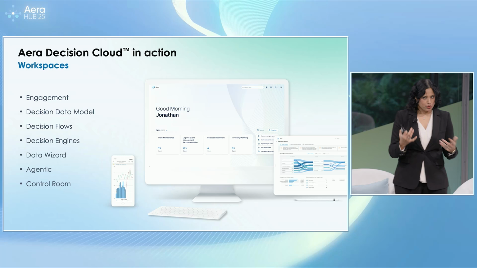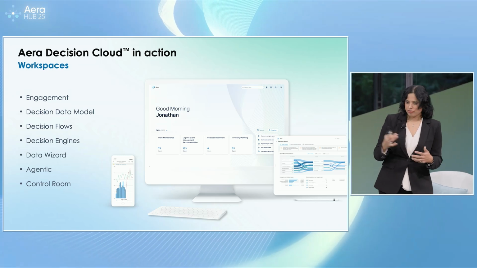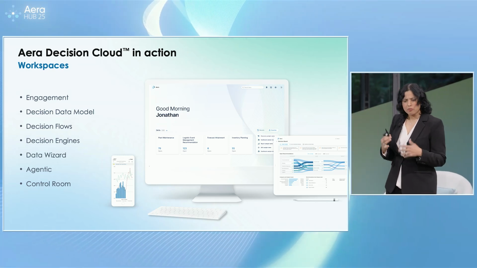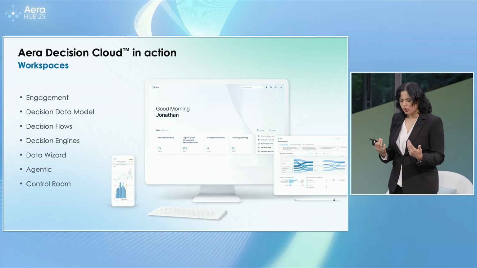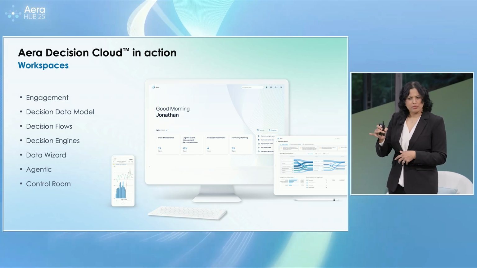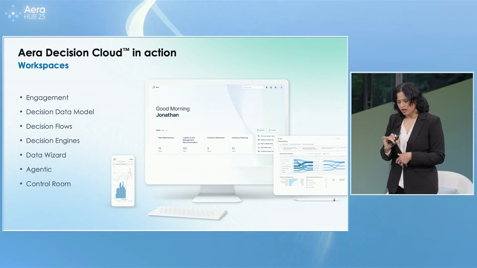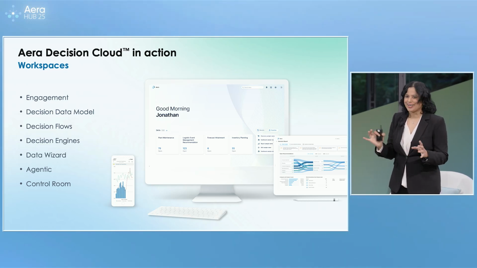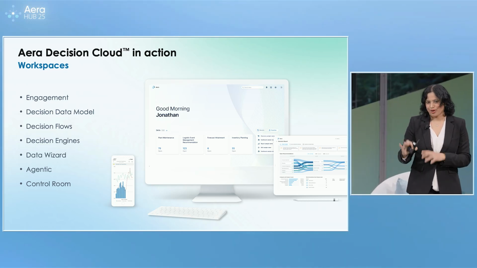Then we'll talk about a few engines, especially the calc engine, and then a little bit about Data Wizard and how you can quickly add data into the platform, and then touch very briefly on agentic, because we have another session following that, and then control room. So that's a quick overview of how we're going to do the demo.